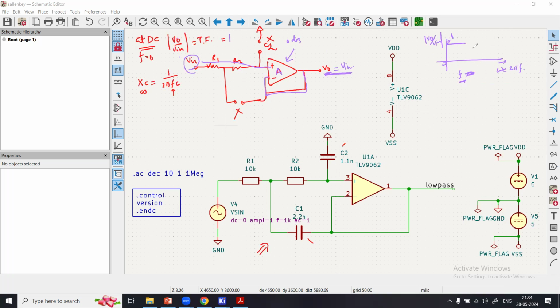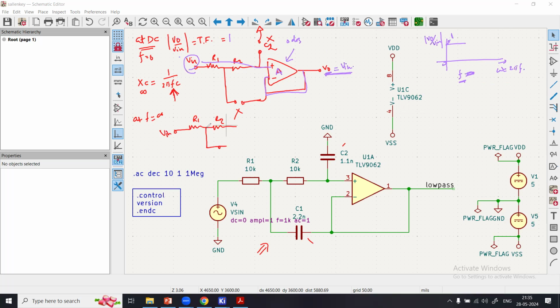Now let's see how the circuit will behave at f equal to infinity. When f tends to infinity, Xc is 0, so the capacitor acts as a short circuit. Can we draw this configuration? You have these two resistors, R1 and R2, and a signal.